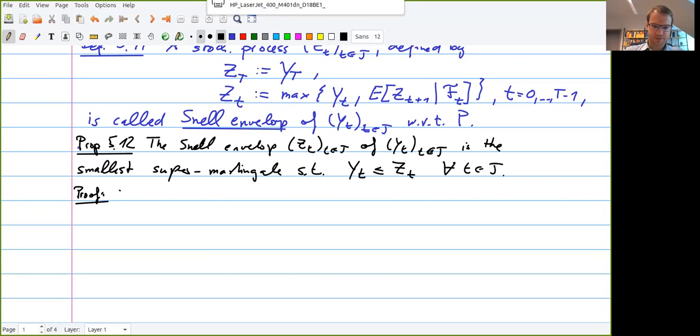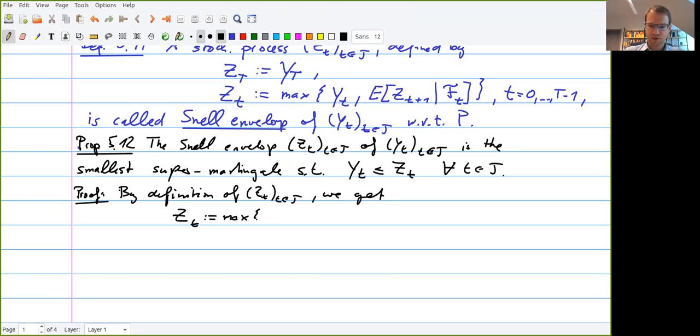So first, by definition, z at time t is the maximum of y and the conditional expectation of z at t plus 1 conditioned on F_t. So the maximum is obviously bigger than if I take just one element, so this is bigger than the conditional expectation of z at t plus 1 conditioned on F_t.